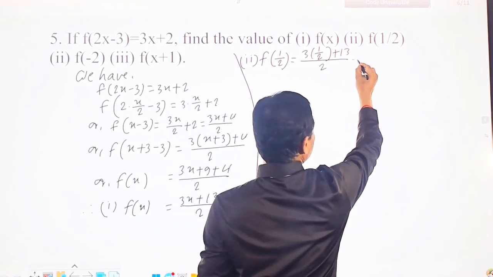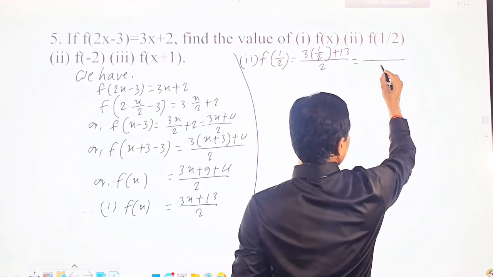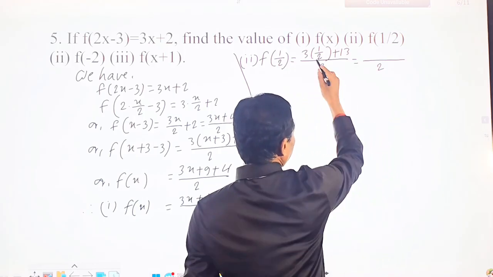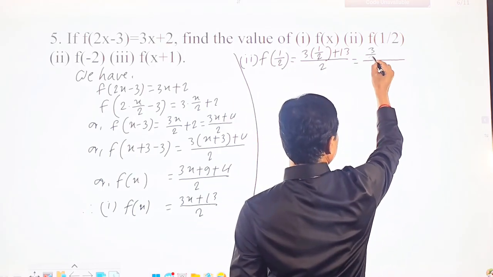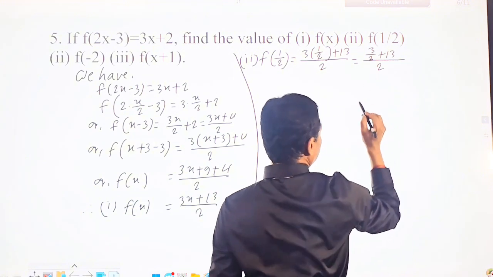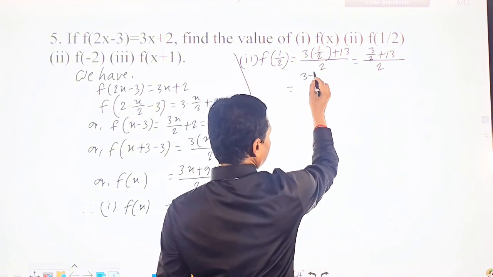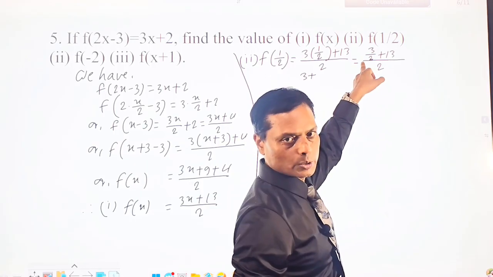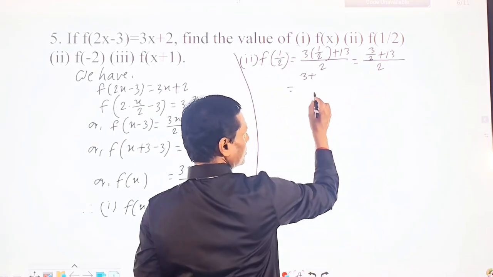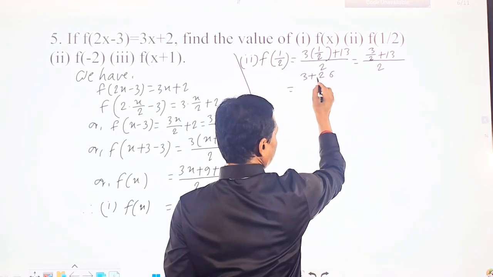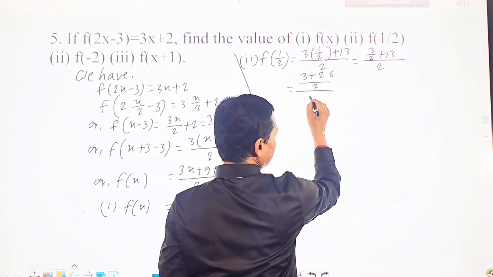Okay, so how to do the simplification? So here all over there is a 2, and that is 3/2 plus 13, right? And this becomes here 3, and we have to multiply 13 and 2, right? So 13 into 2 is 26, over 2, and over 2, right?